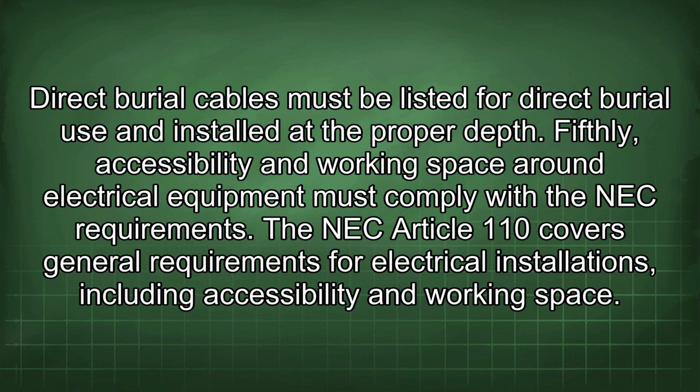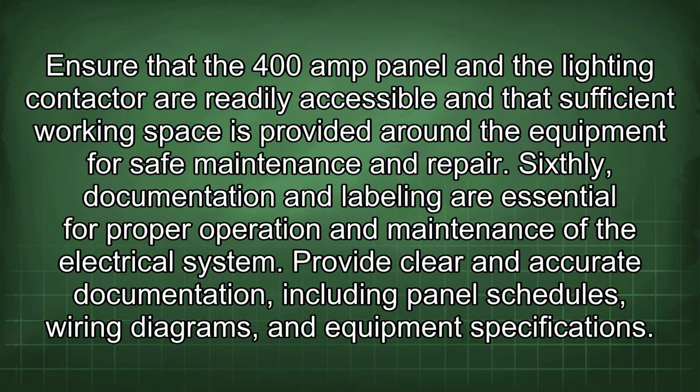Fifthly, accessibility and working space around electrical equipment must comply with the NEC requirements. The NEC Article 110 covers general requirements for electrical installations, including accessibility and working space. Ensure that the 400 amp panel and the lighting contactor are readily accessible and that sufficient working space is provided around the equipment for safe maintenance and repair.